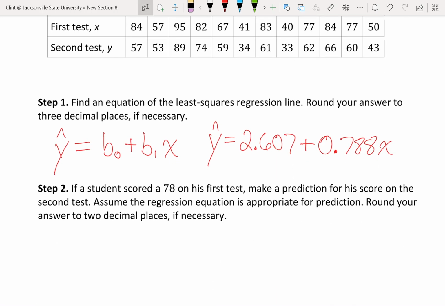And then for the bottom part, step 2 says if a student scored a 78 on his first test, make a prediction for his score on the second test. So how do we do that? Remember? Yeah, we plug in 78 for x. So our prediction would be 2.607 plus 0.788 times 78.